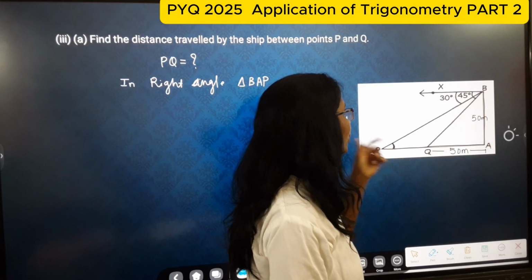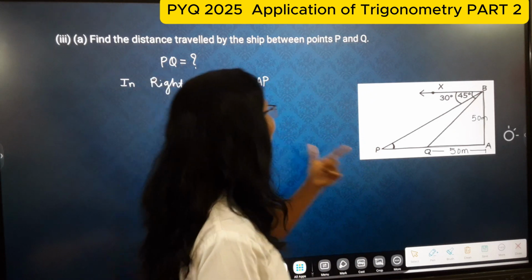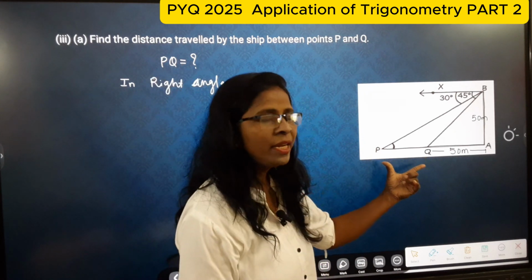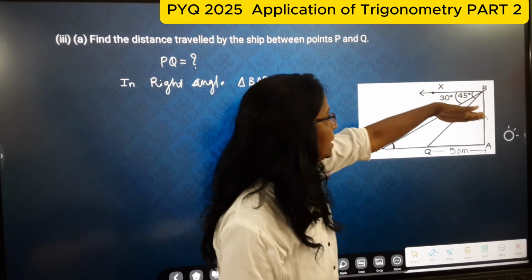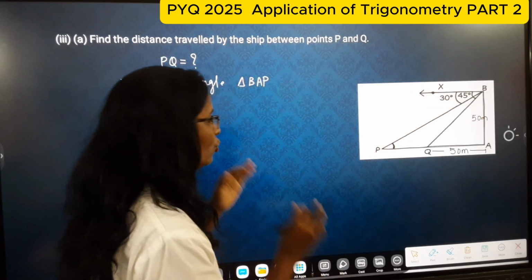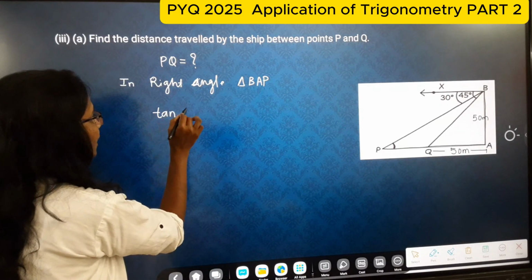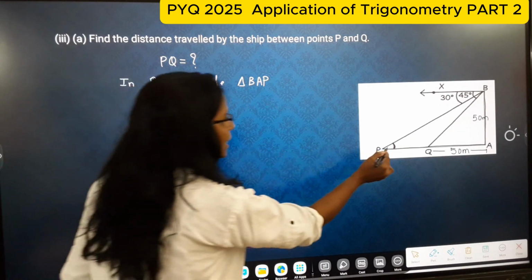Okay. So now we know this side and also this side. We have to find out the side PA, this is the opposite side and this one is the adjacent side to this angle P. So I choose tan 30 because the angle P is 30 degrees.